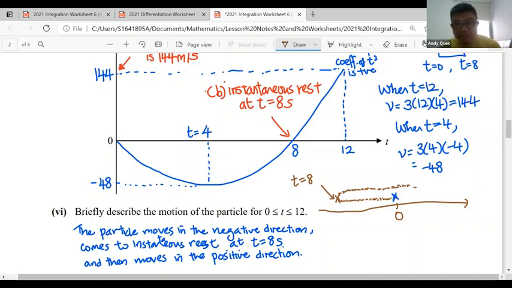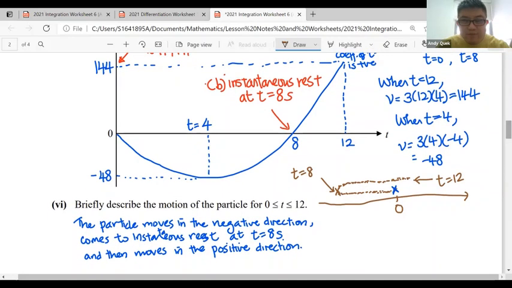So actually the answer to that question is you just need to test 2 points. You test at the final t equals 12. You also compare it with t equals 8. So right now, I can't tell what the answer is. Okay, so we do not know.